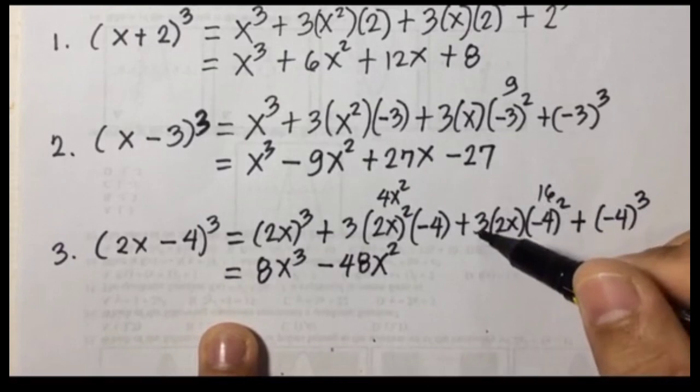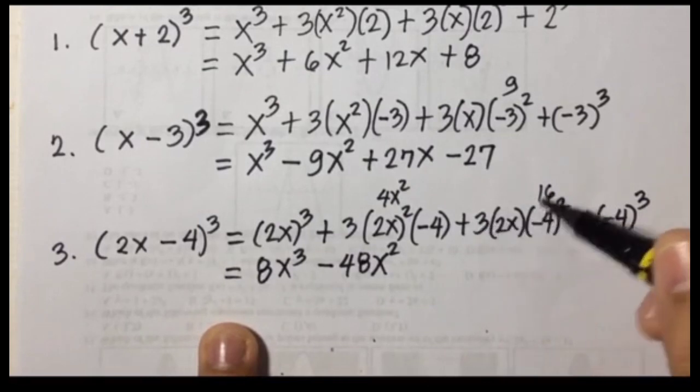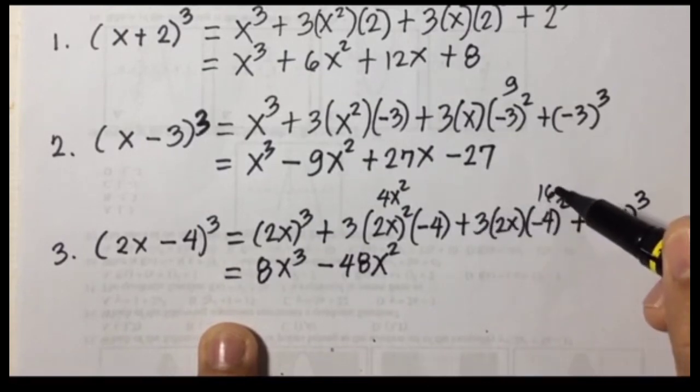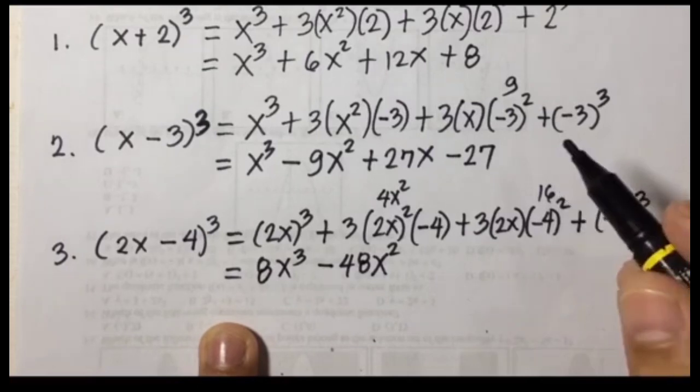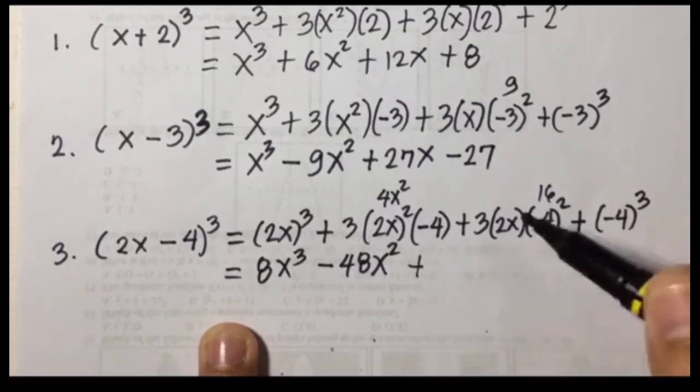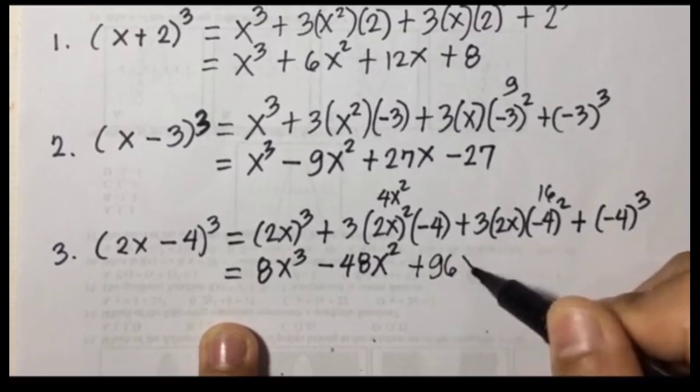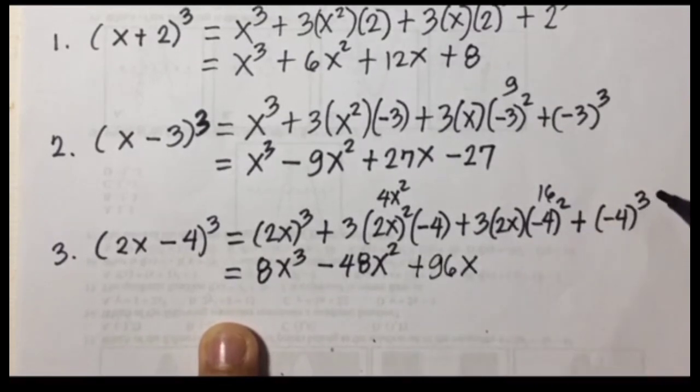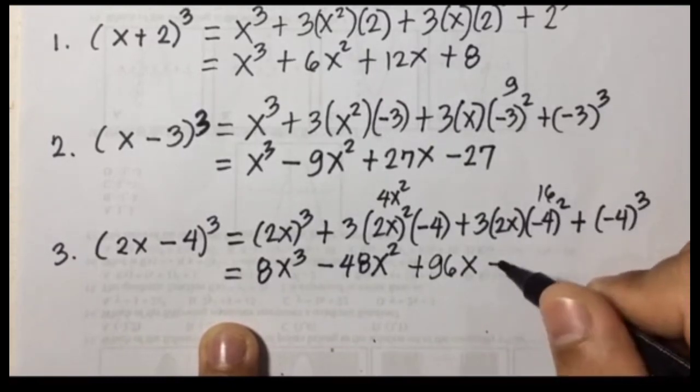Then we're going to have 3 times 2x, 6x, so 16 times 6x, that will be plus 96x. Then negative 4 cubed: negative 4 times negative 4 is 16, times negative 4, that will be negative 64.